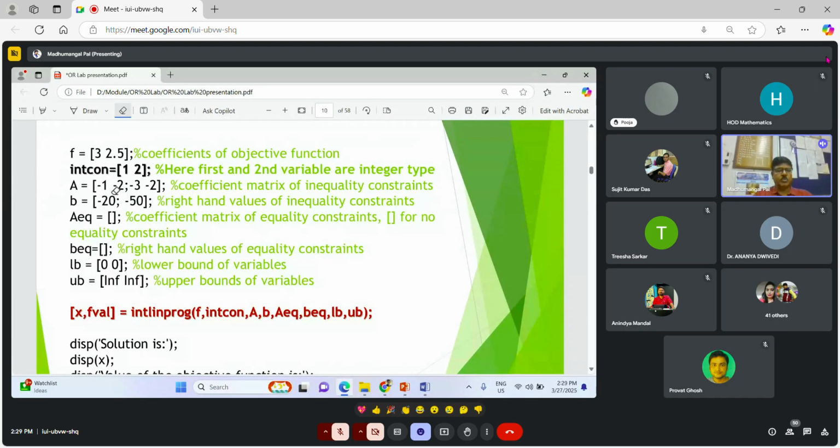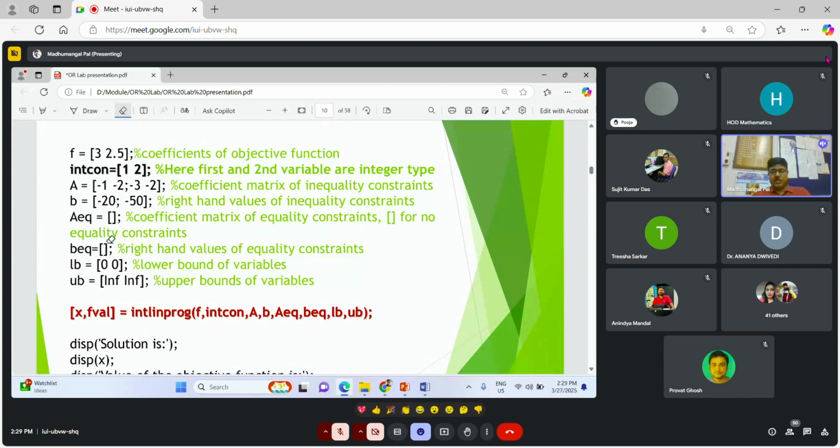So -1, -2 is one row, the semicolon is the termination of the row, and -3, -2 is another row. And b is the right-hand vector, so -20 is the first element and -50 is the second element, separated by a semicolon. A semicolon means termination of a row in a matrix.